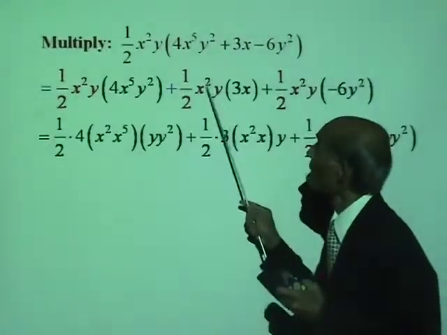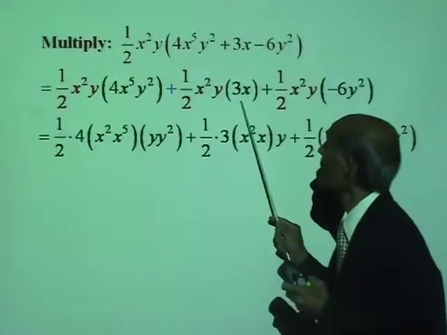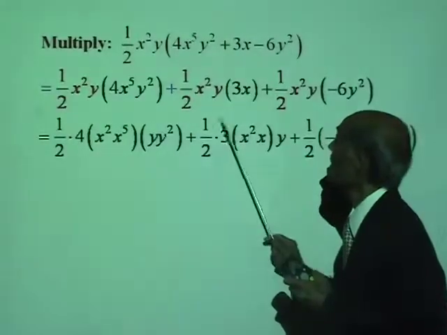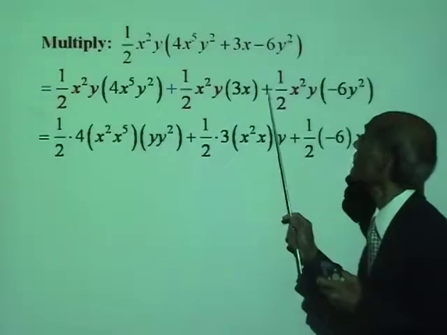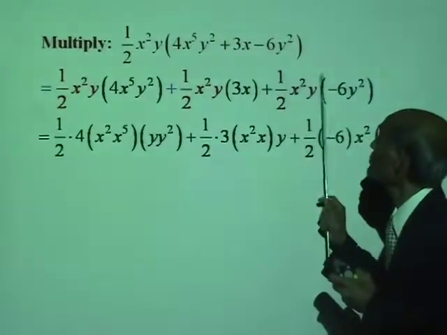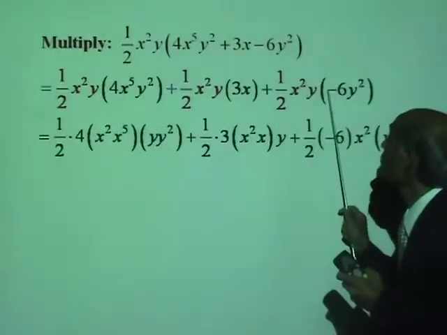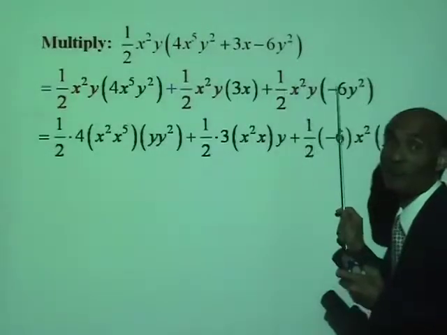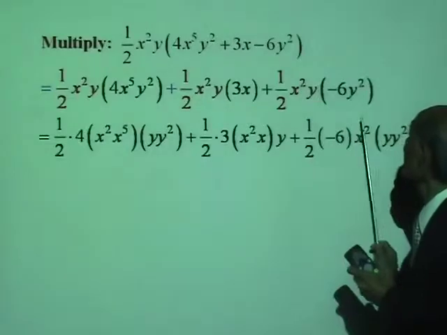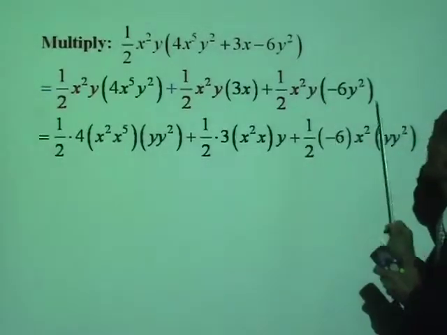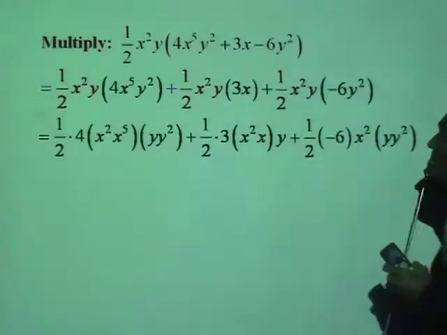What's the next one? x squared multiplied by x and then y alone. Plus 1/2 multiplied by negative 6, x squared, y times y squared.